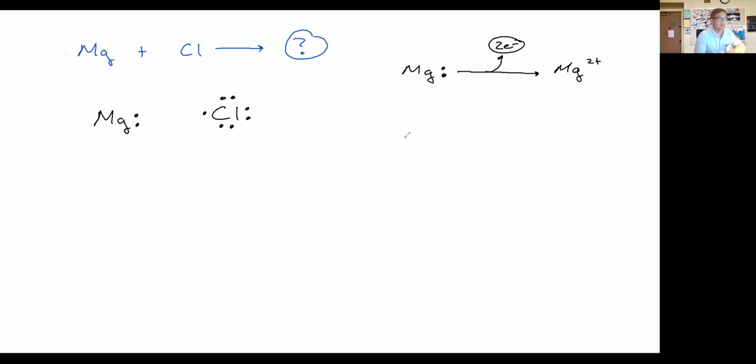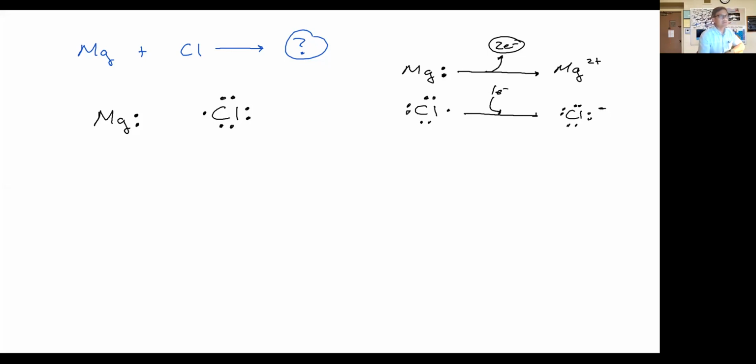Chlorine, on the other hand, only needs to receive 1 electron in order to obtain the noble gas configuration and become stable. So that's what we know about each one of those atoms individually.